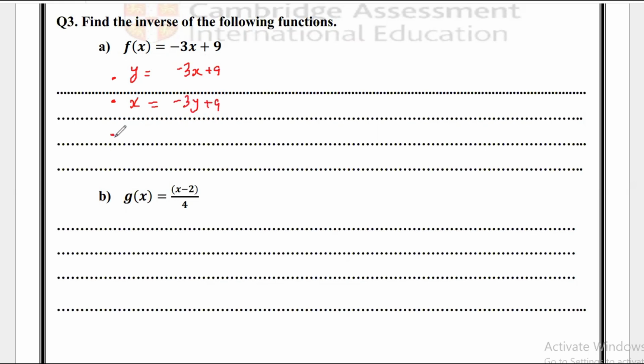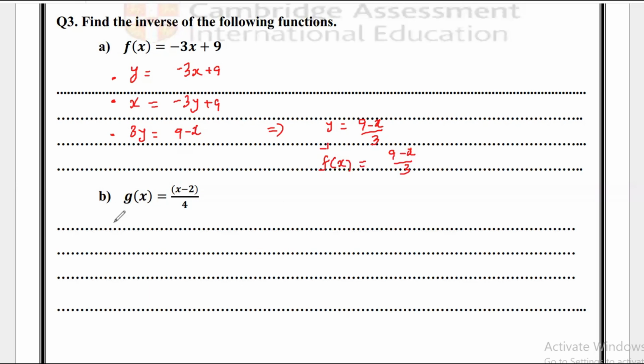And the third step, we make y the subject. So 3y is equal to 9 minus x, which gives y equals 9 minus x over 3. And lastly, this y represents f inverse of x, which is equal to 9 minus x over 3.